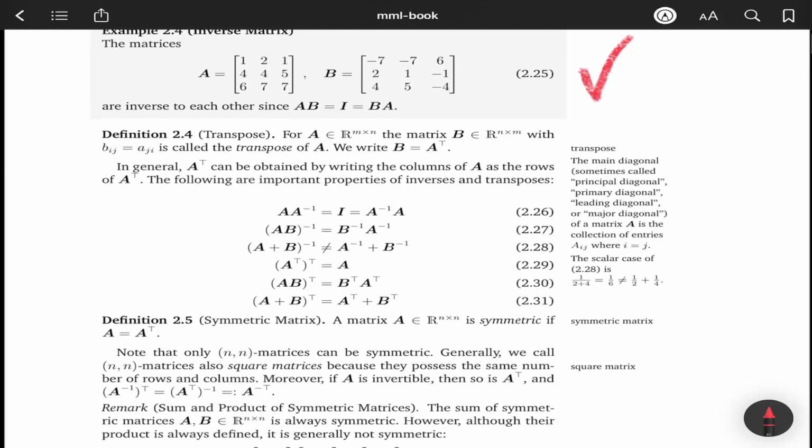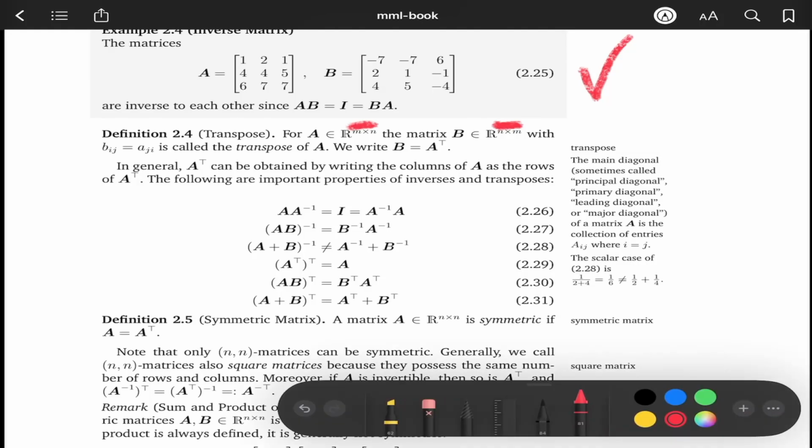So now 2.4 definition. Transpose. For matrix A in R^(m×n), the matrix B from the set of matrices n times m. So it's flipped. What I mean is this one and this one. The n is connected.